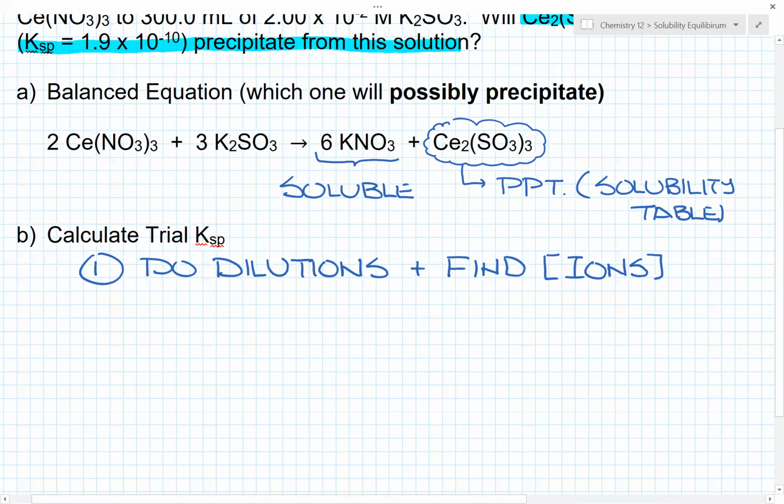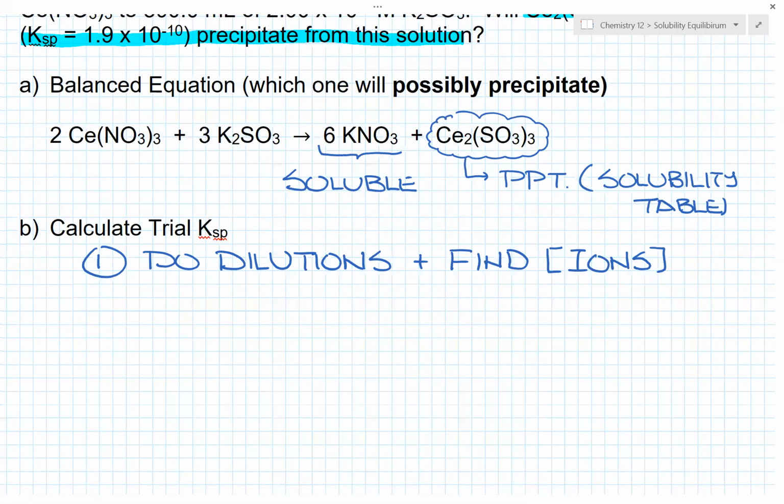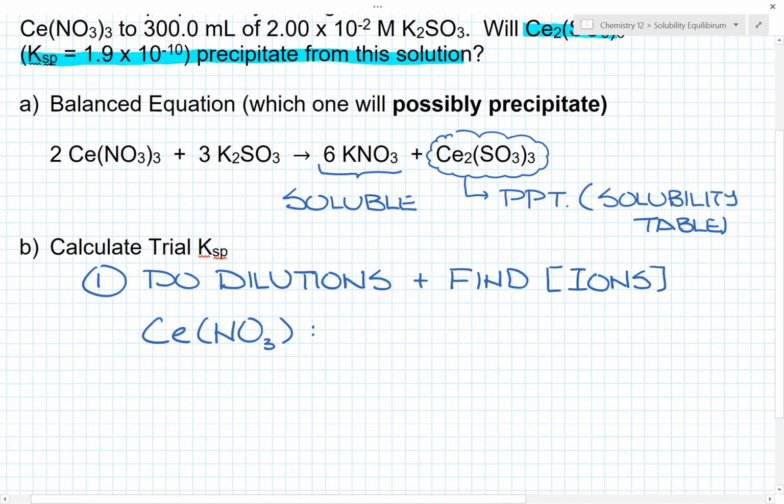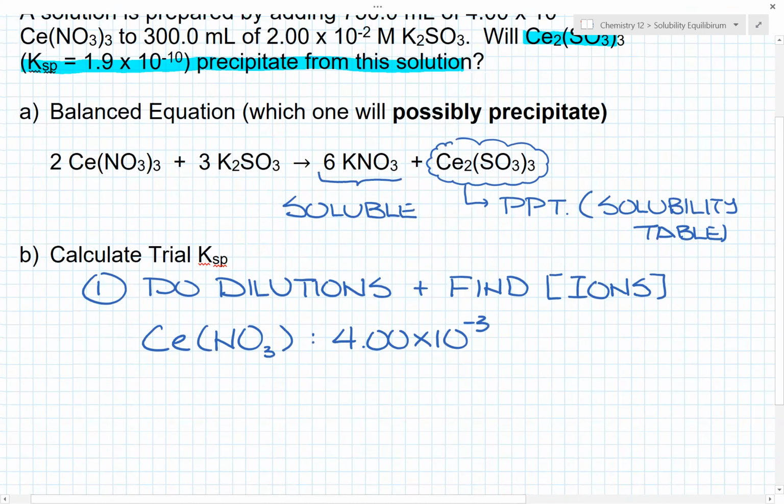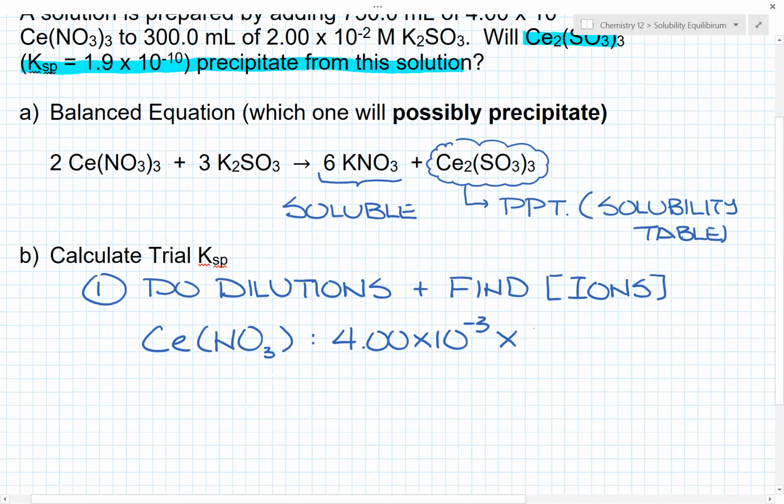So in this case, you would have cerium nitrate. Let's look at the beginning: you have 4.0 times 10 to the negative 3 times 750 over 1050.